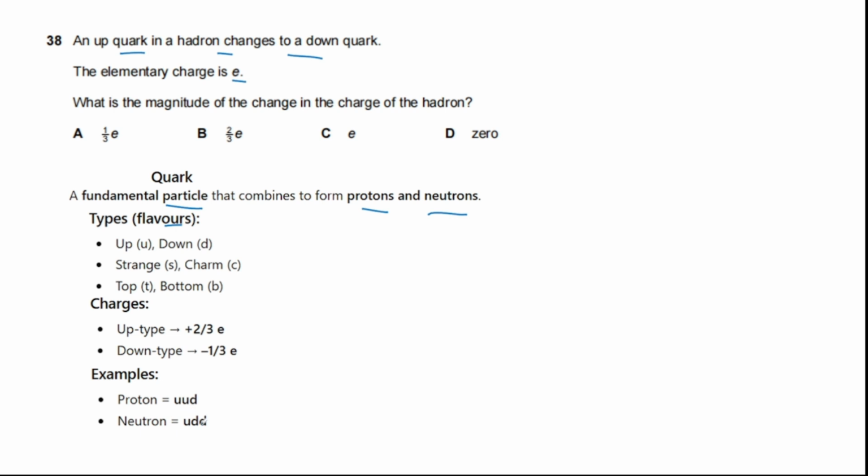Protons and neutrons each have three quarks. Suppose it's given that the up quark is changing into a down quark. What will be the change in the charge? The down quark is negative 1 over 3 e, and the difference is what you need to find.